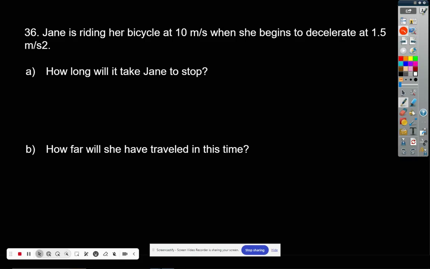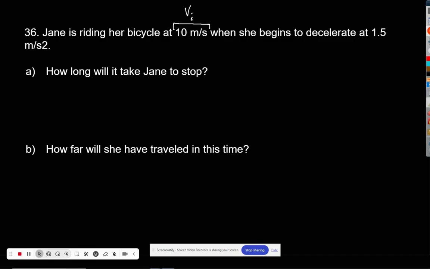Jane is riding her bicycle at 10 meters per second. So here she's already traveling at 10 meters per second. That's an initial velocity. When she begins to decelerate at 1.5 meters per second squared. Now we got this dangerous word here, decelerate. I say it's a dangerous word because it just can add confusion sometimes.